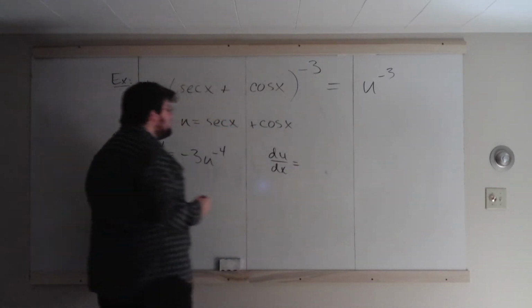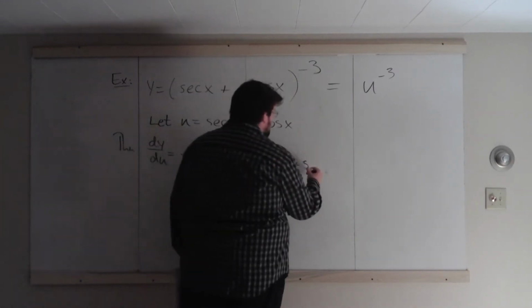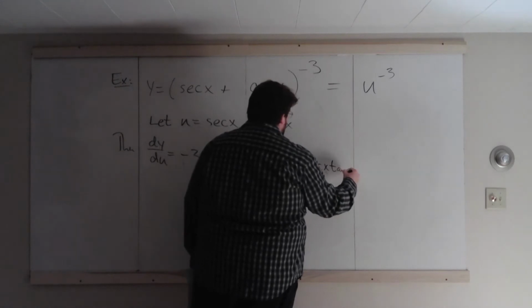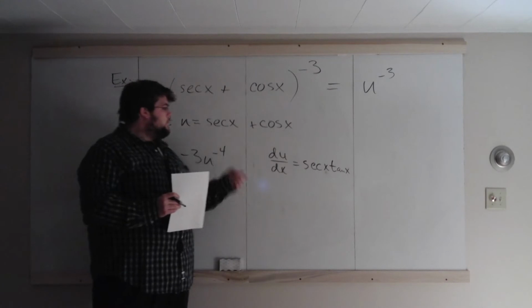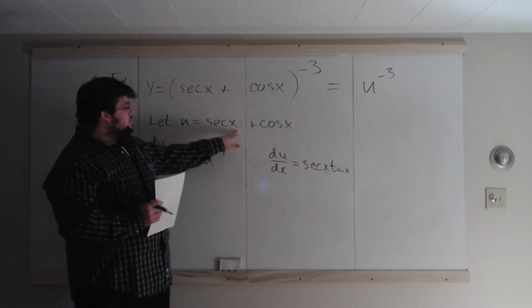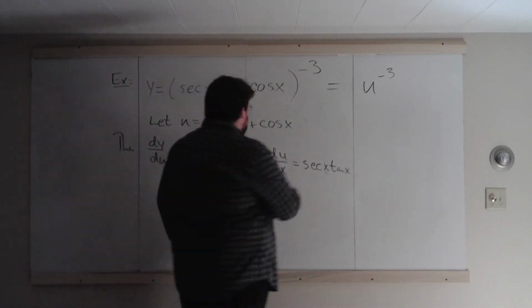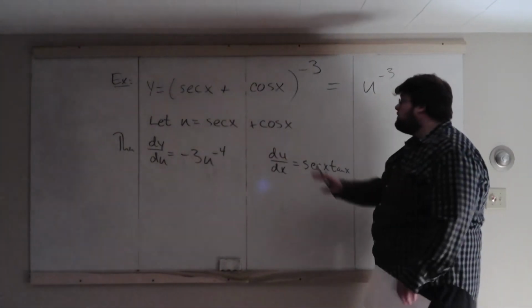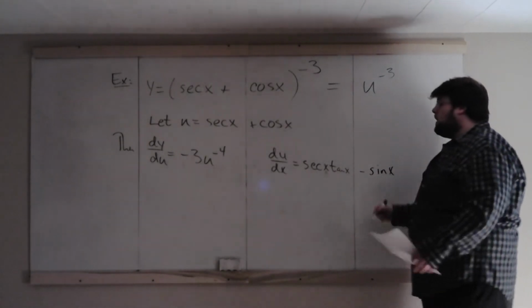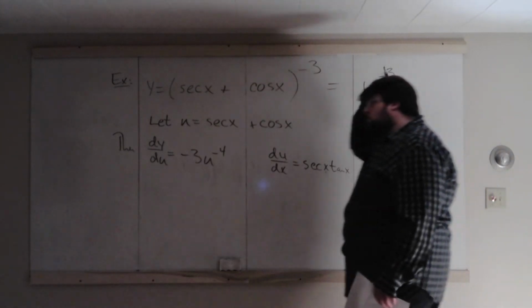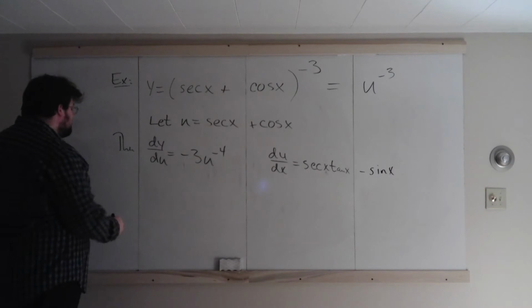du dx, what's du dx? Well, we have secant x plus cosine x. Derivative of secant is secant x tangent x. Notice, we didn't have to use chain rule to take the derivative of just this secant x, because the variable here is only x. And similarly, for cosine x, you don't have to use the chain rule to take the derivative there. Derivative of cosine is just negative sine of x. So we have dy du and du dx.